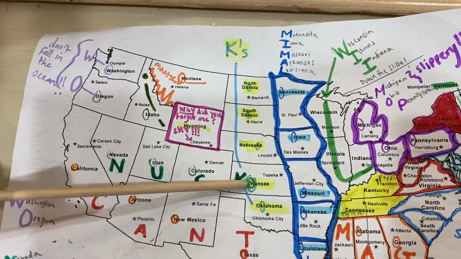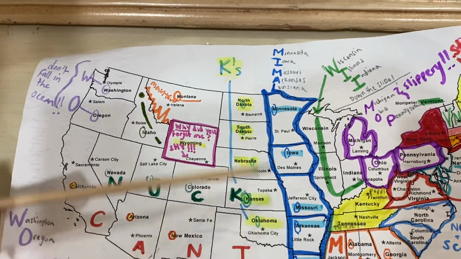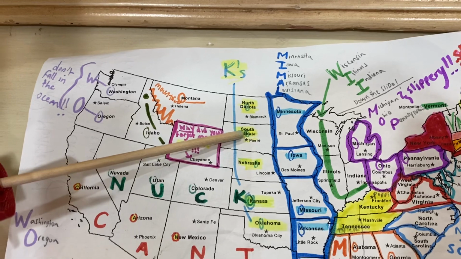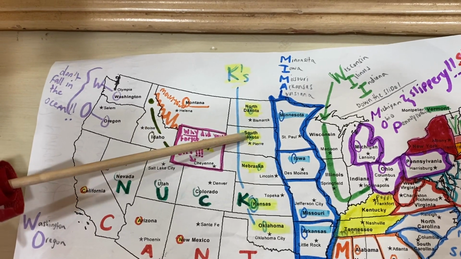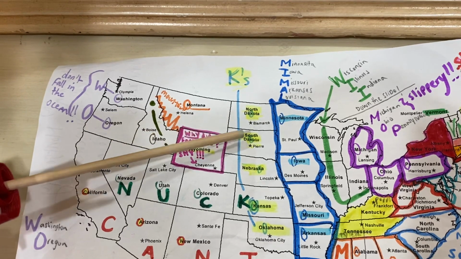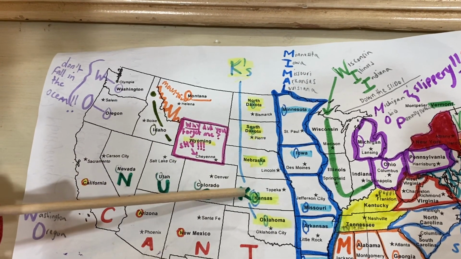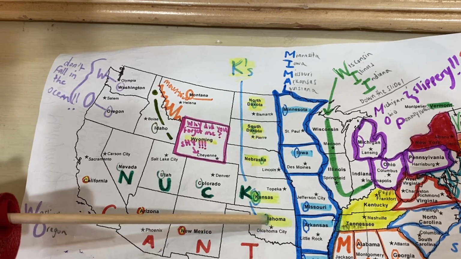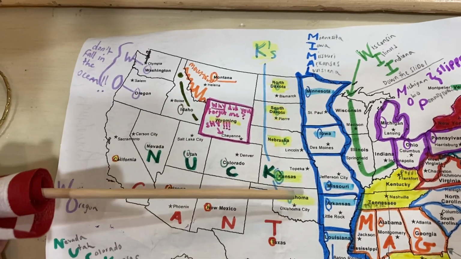Kansas was already done for you. And Oklahoma. North comes first. North is up, south is down. North Dakota, South Dakota, Nebraska, Kansas, and Oklahoma. O-K-L-A-H-O-M-A, Oklahoma. That's a Broadway show.